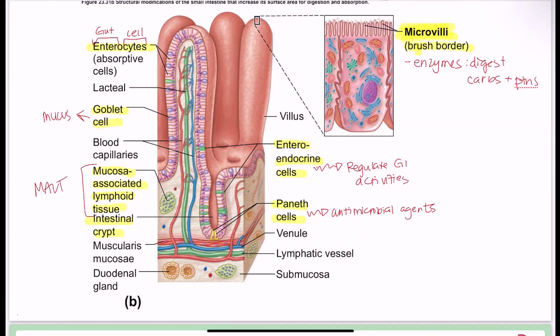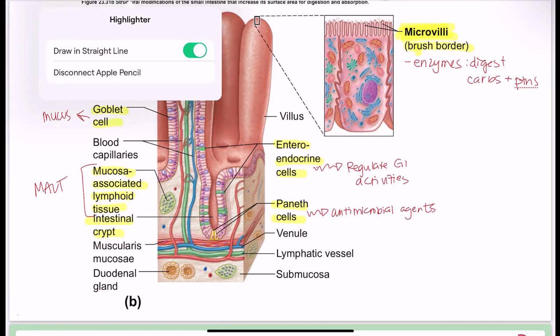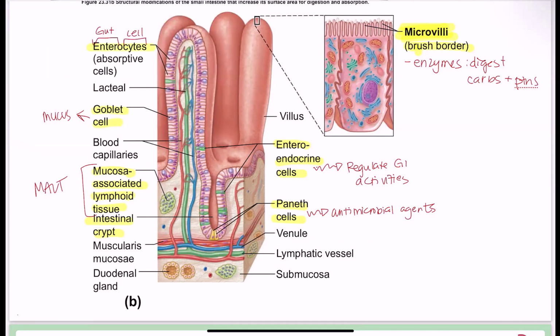So there's lymphoid function there to help protect against pathogens, but also part of the lymphatic system are lacteals. Lacteals are specialized lymph vessels for picking up large lipid molecules to be broken down into smaller and smaller bits by other organs. But we'll chat about that.